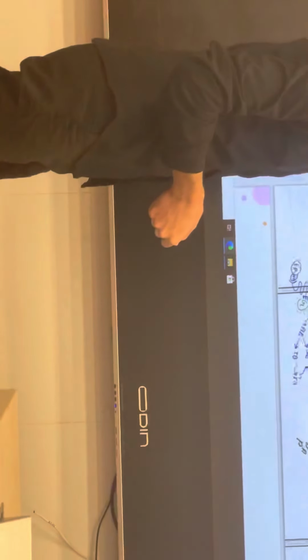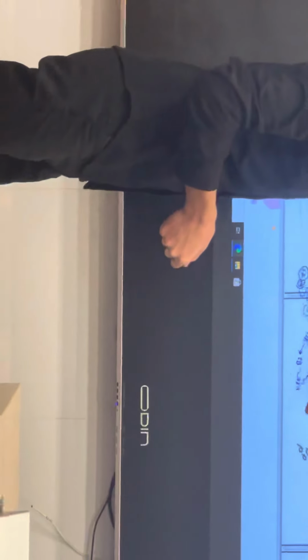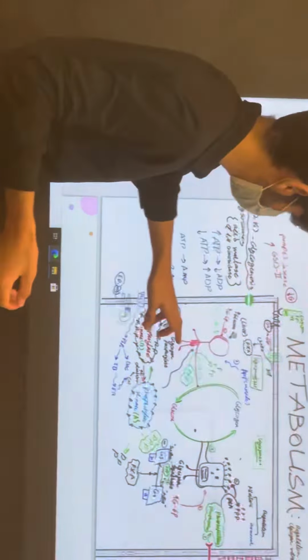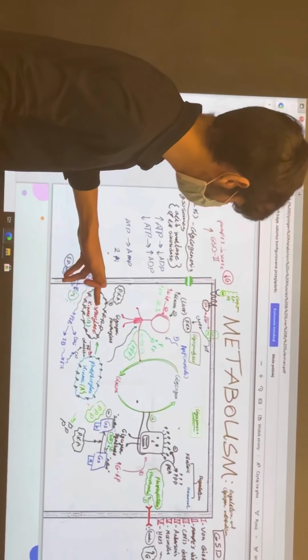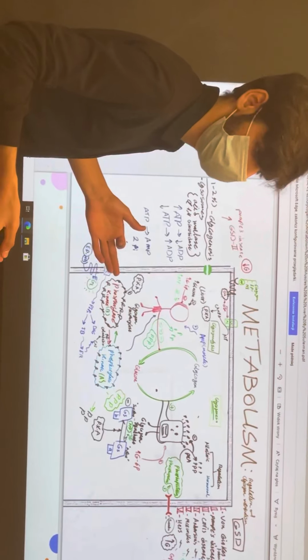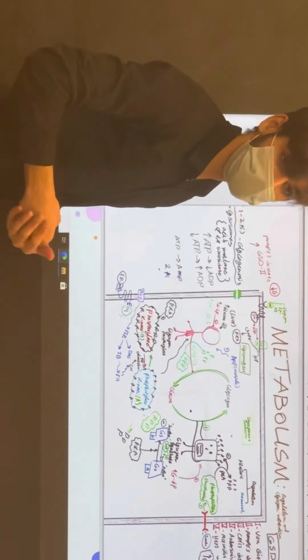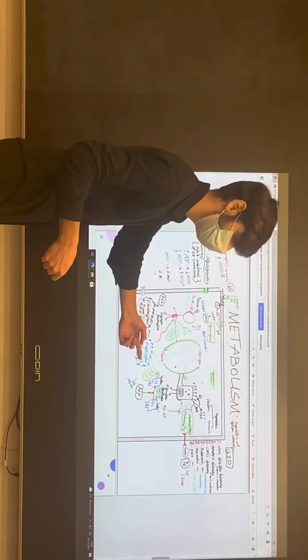So who is controlling this glycogen phosphorylase? Glycogen phosphorylase is converting glycogen into glucose. How is this happening? There is another enzyme which is controlling this glycogen phosphorylase, which is phosphorylase kinase. There are two forms of phosphorylase kinase: B form and A form.